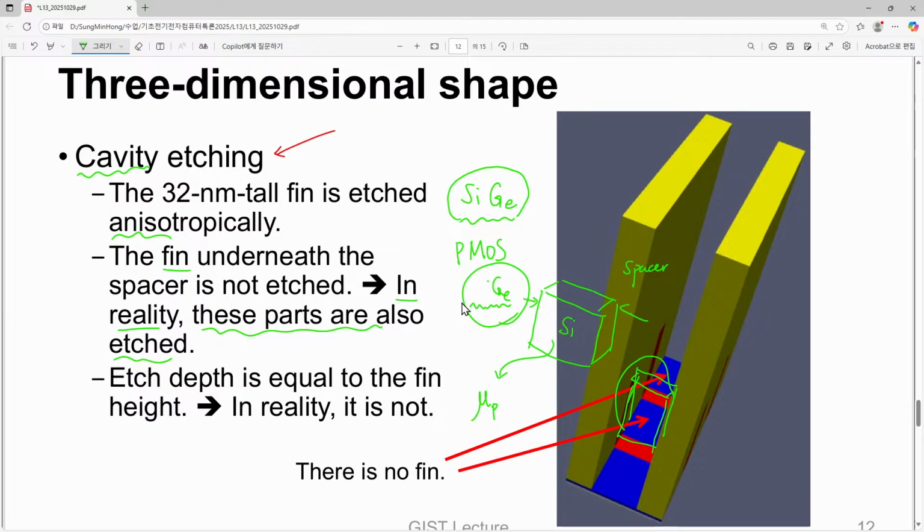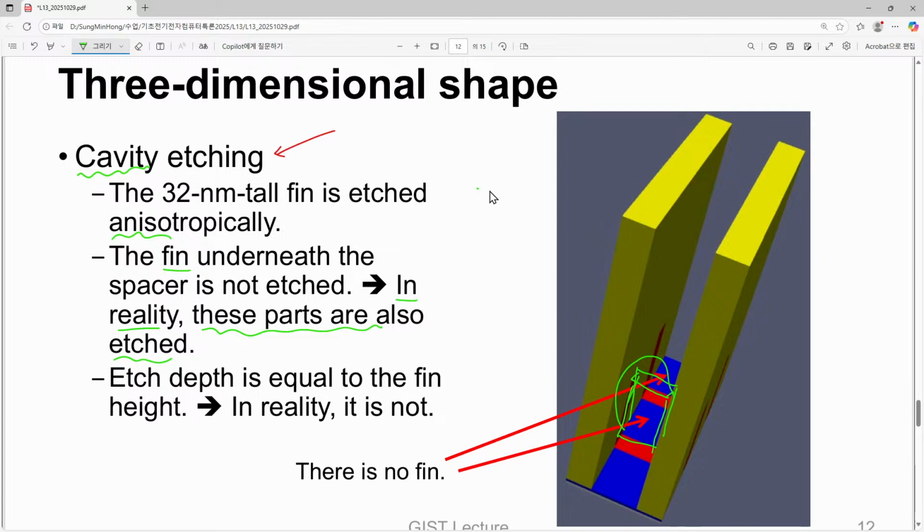That's the reason why we need to make a cavity etching. So we have to maximize the volume of silicon germanium.